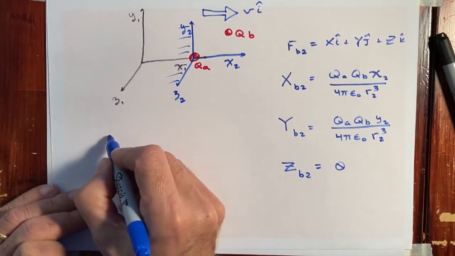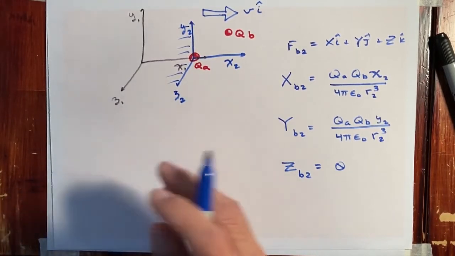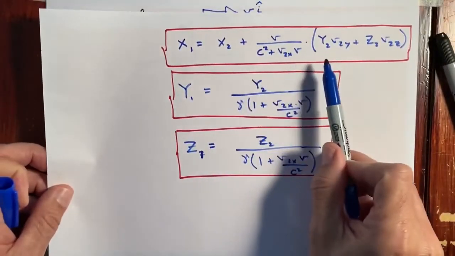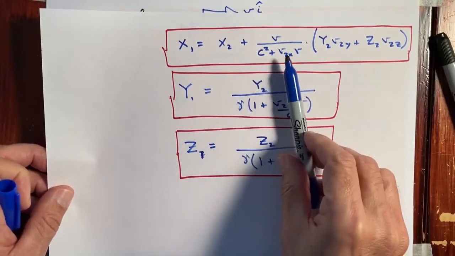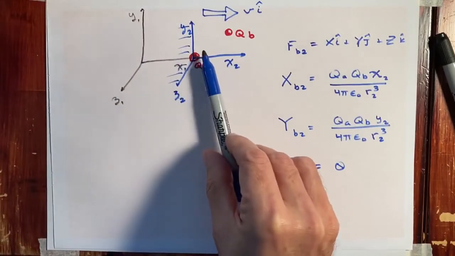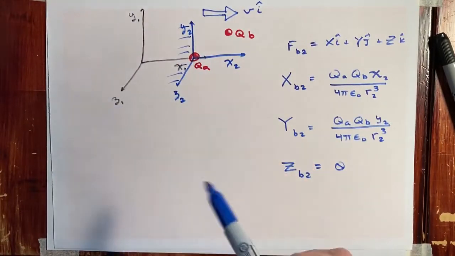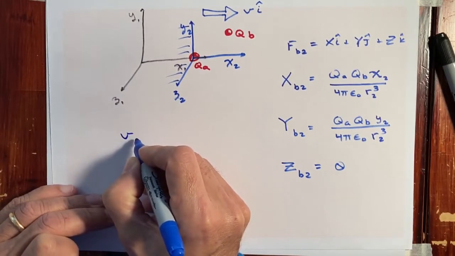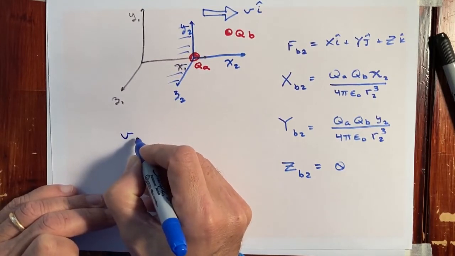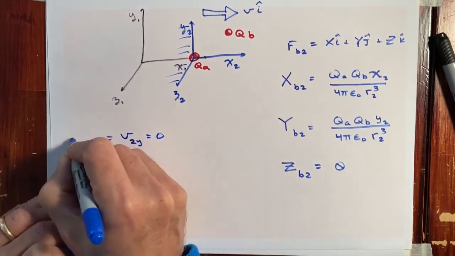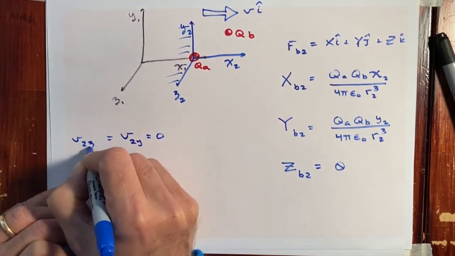From our previous equations, x sub 1 is equal to x sub 2 plus all of these things. But remember that in this frame of reference, velocity 2y is equal to 0, and that is also equal to velocity 2z.